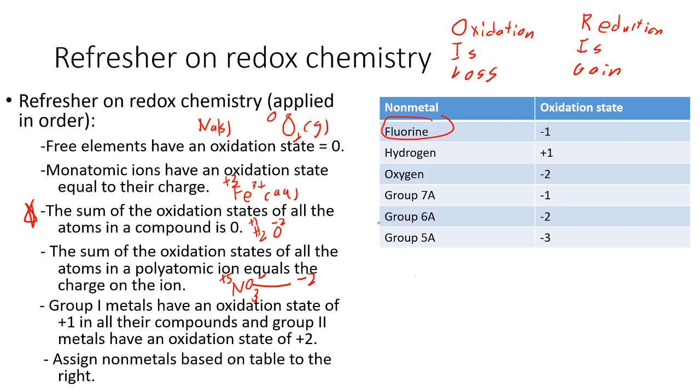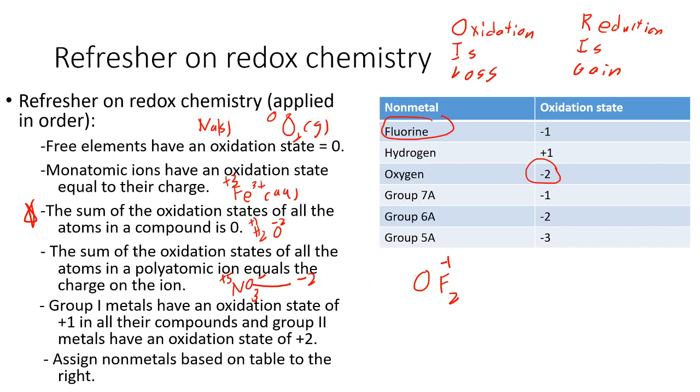Now to show you an example, I said sometimes when you assign those, you won't actually give these values. So an example of this is the molecule OF2. You'll notice if I go down the list of rules before the table, none of these rules cover it because there's not a metal there. So my oxidation state rules say I put a -1 on fluorine. Well, now I only have one atom left. So even though the table right here says oxygen will be -2, this is my last remaining atom.